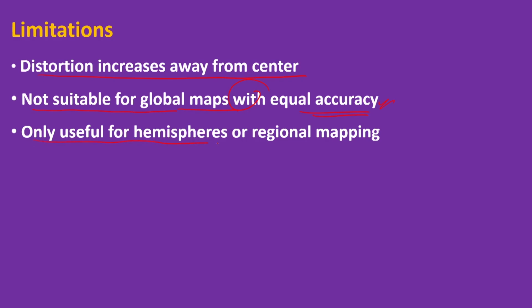So it is only useful for hemisphere or regional mapping. Any one hemisphere, or any regional planning, you can use this projection. And this is the major limitation. In terms of flexibility, we can use it anywhere on the globe.